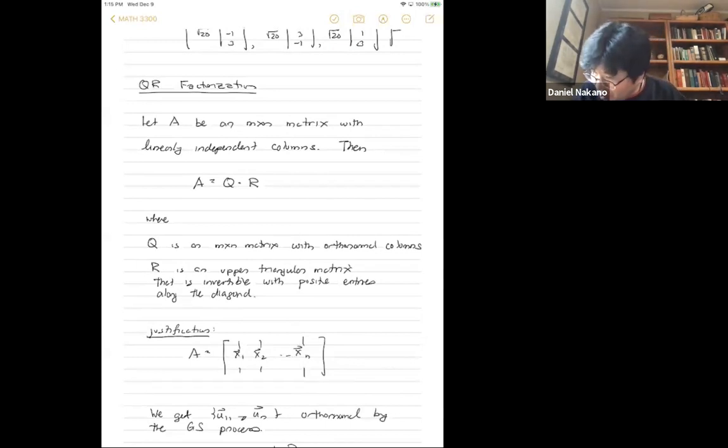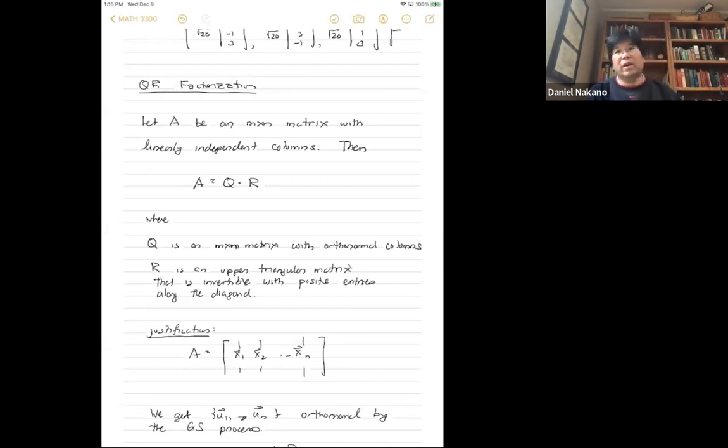That gives me a chance to correct it here. With orthogonal columns. Actually, it should be an n by n matrix with orthogonal columns. And R is an upper triangular matrix that's invertible. So R is actually square, and it has positive entries along the diagonal.